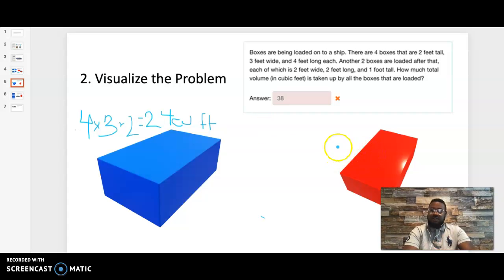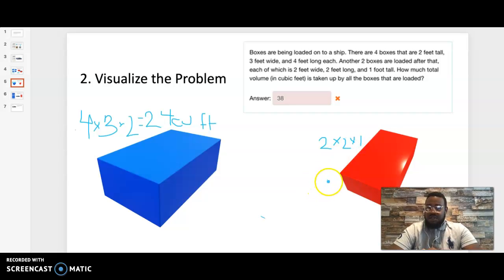I'll do that for this one here. Or we can say 2 by 2 by 1, which is 2 by 2 is just 4, and then times that by 1, and that still is 4.